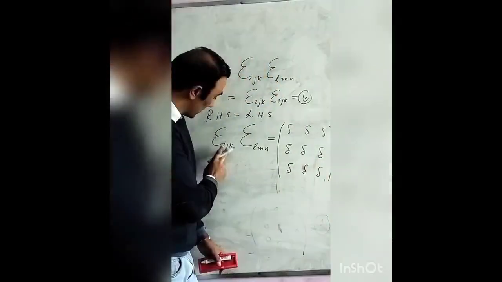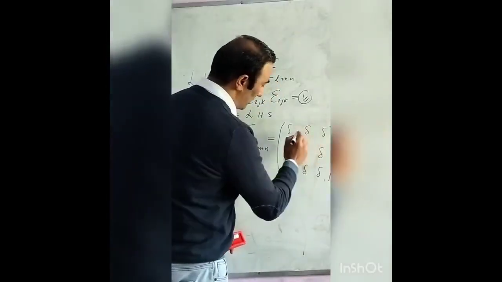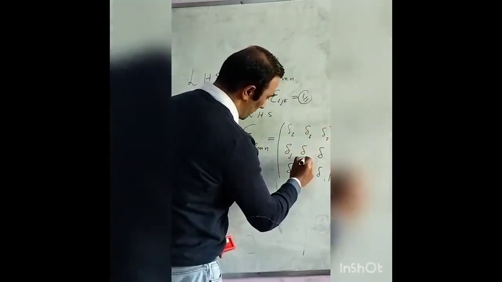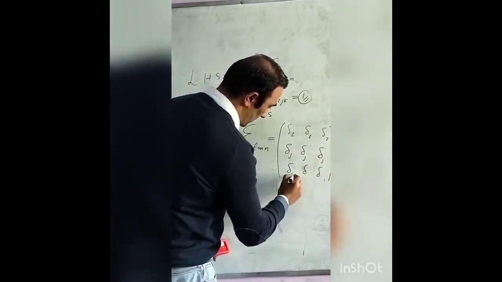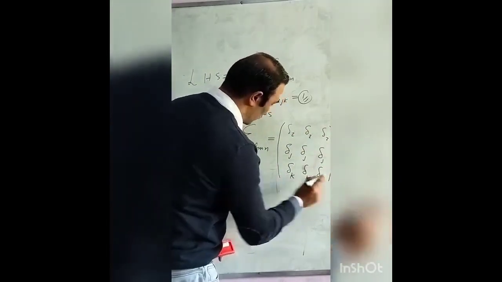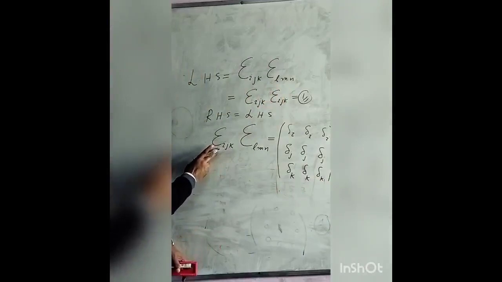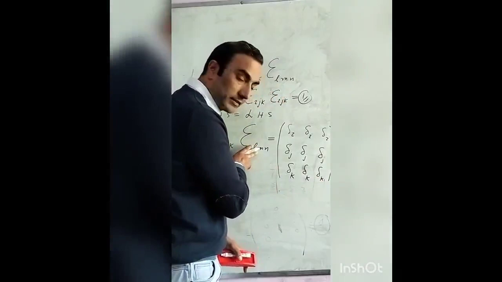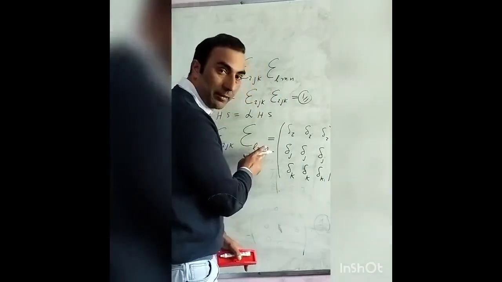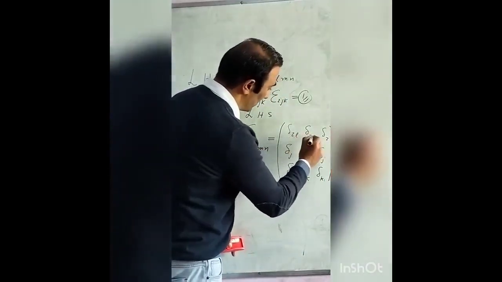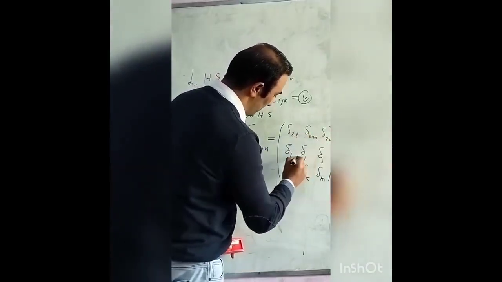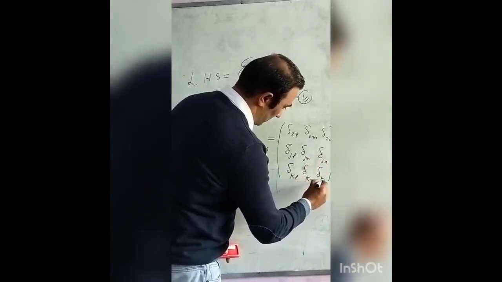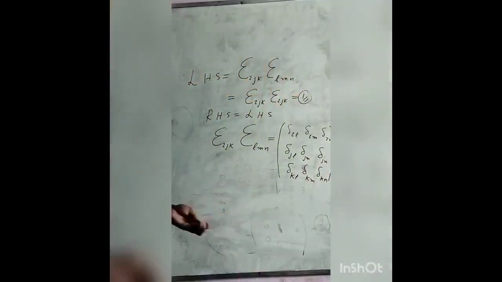Because it has indices ijk, first row wise: I here, I here, I. Then for the second, put J, J, J, then K, K, K. This is coming from the first epsilon ijk. And similarly, the second epsilon has the indices lmn. So write first L, then M, then N, in each row.